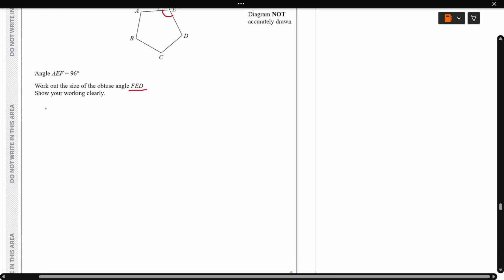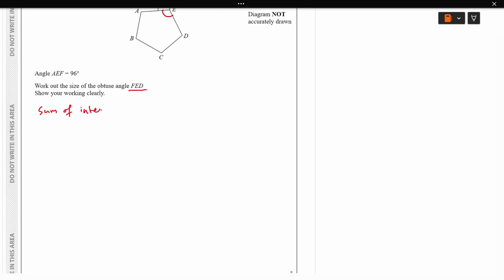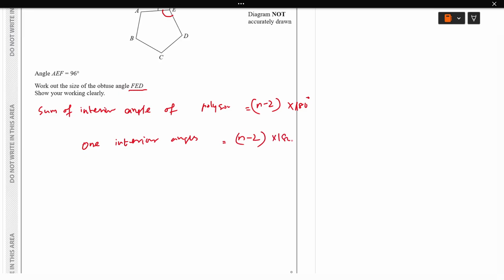See, the sum of interior angles of a polygon, the formula is (n minus 2) times 180 degrees. Now we need to find only one interior angle, so we divide by the number of sides: (n minus 2) times 180 over n.